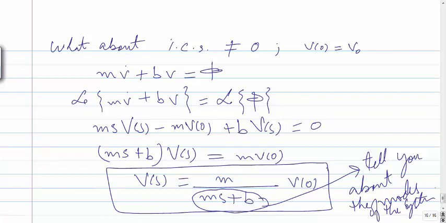Modes mean that these are the actual dynamics that exist within a system. This term here tells you how much of the mode is included to develop the response of the system.